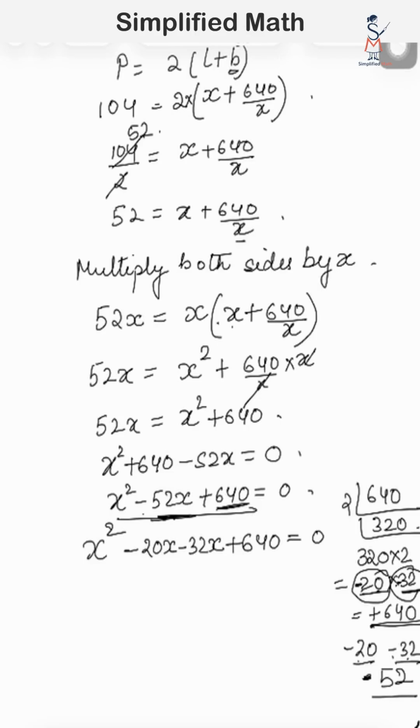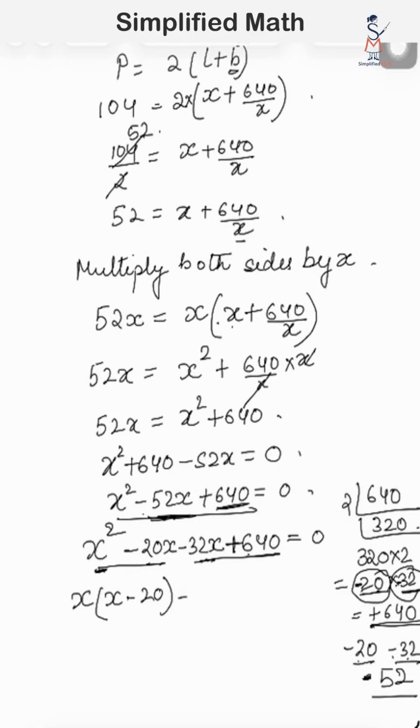We break the middle term in such a way that when you multiply them, you should get 640 with a plus sign, and when you do an operation of plus or minus on them, you should get minus 52. Fine. Now these two terms together and these two terms together, in both x will become common. So x is left in the first one, minus 20 is left in the second.